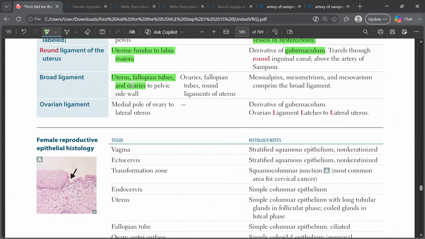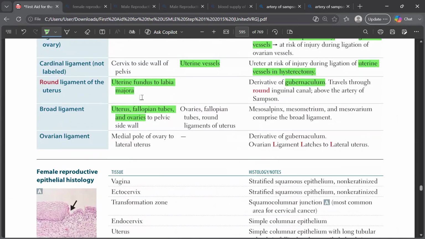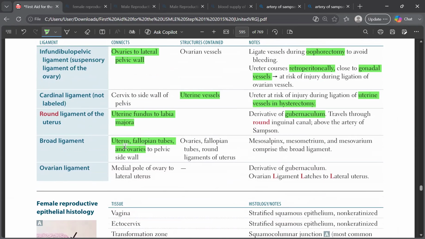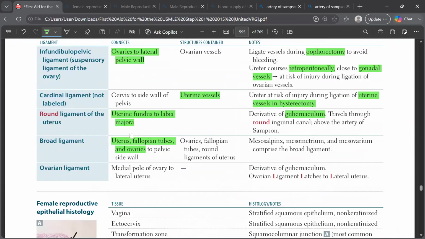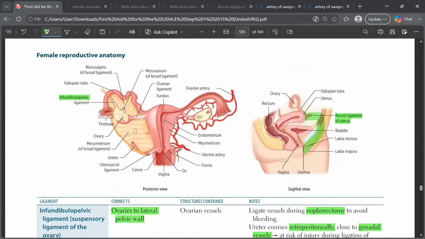Sorry, it connects uterus, fallopian tube, and ovaries to the pelvic side wall. That was why I was lamenting for a moment. Why did I say round ligament of uterus? So it's the uterus, mesometrium, fallopian tubes, mesosalpinx, and ovaries, mesovarium, to the pelvic side wall, and contains the ovaries, fallopian tubes, and the round ligament of uterus. See, that's where I fumble.